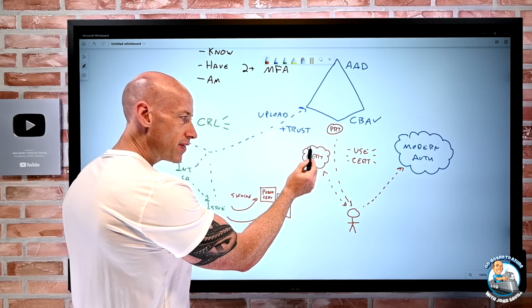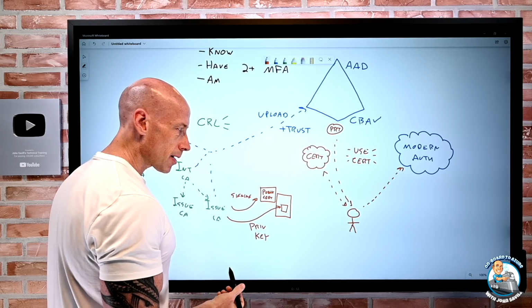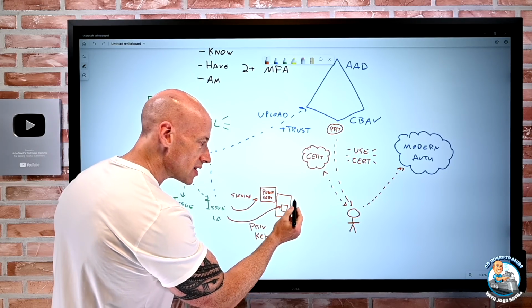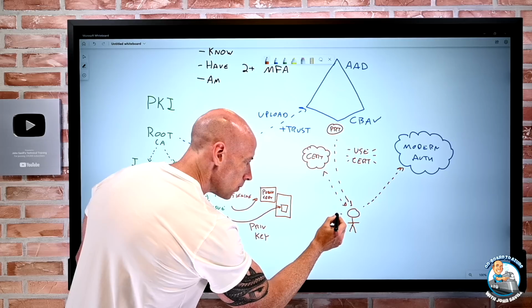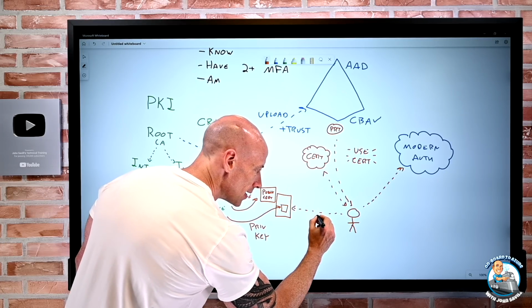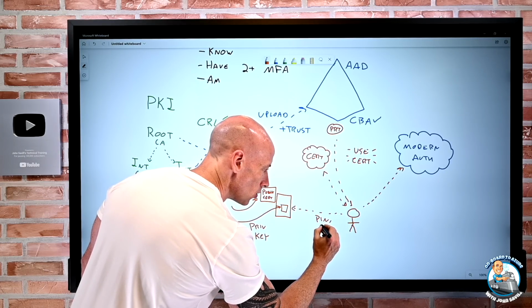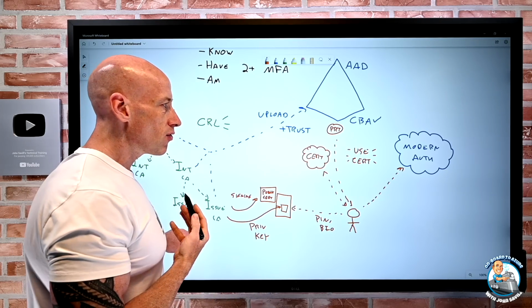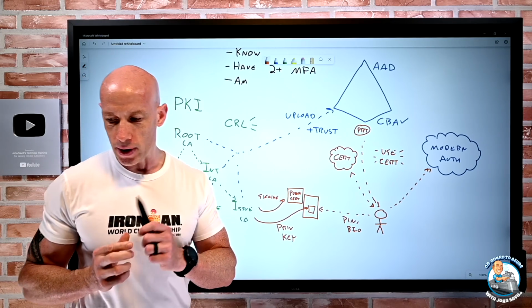Now, as part of this certificate-based check, I select the certificate I want to use. And to use the certificate on this device, at that point, I have to unlock it. So that's where it does this PIN or this biometric-based check. So that's the flow of what we're actually going to do.